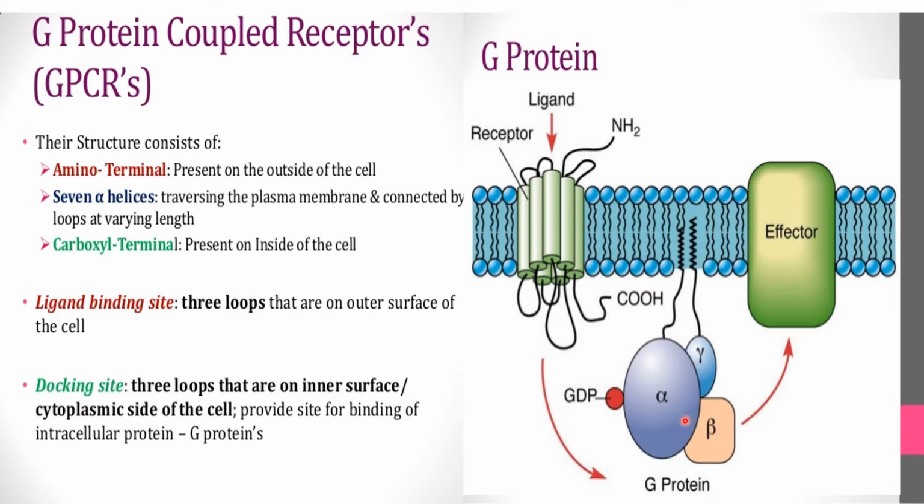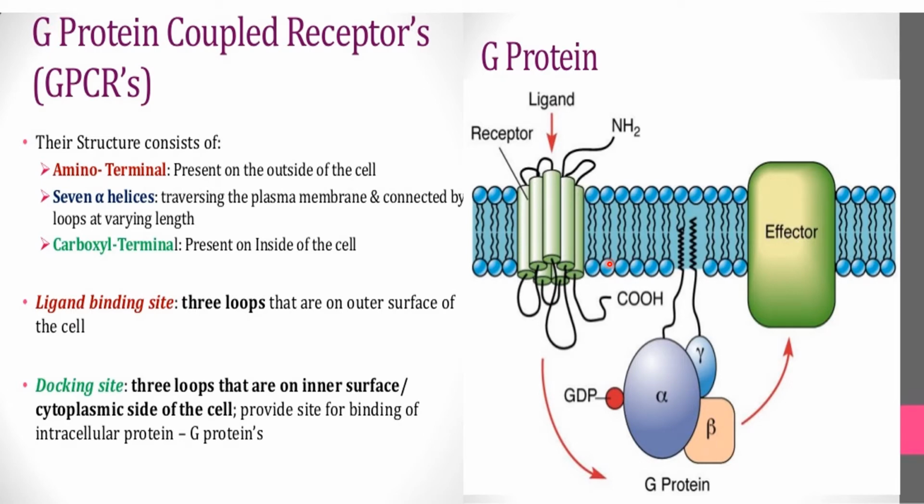This G protein is composed of heterotrimeric subunits, as these are 3 subunits and they are not homodimer, they are heterotrimeric. One is alpha, gamma and beta.